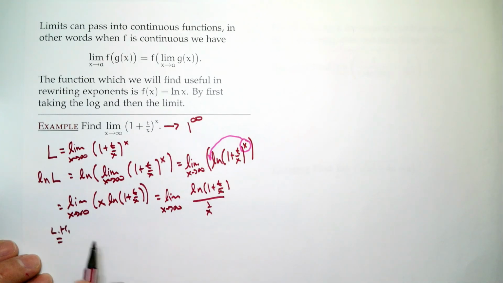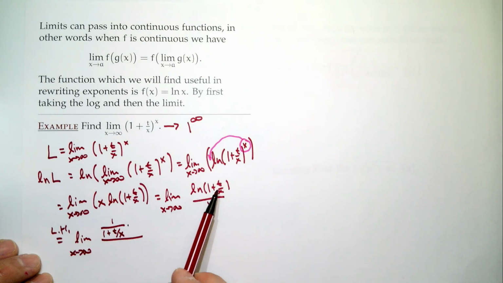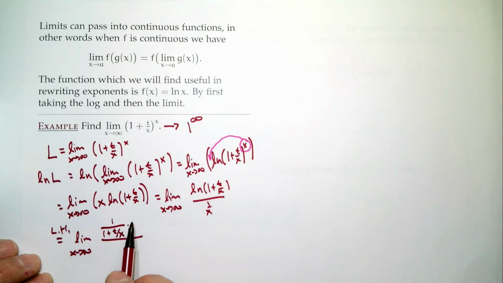Okay. So this is the limit as x goes to infinity. Well, what's the derivative of natural log of 1 plus t over x? 1 over 1 plus t over x times, well, t is a constant, so I can just think of it as a constant.